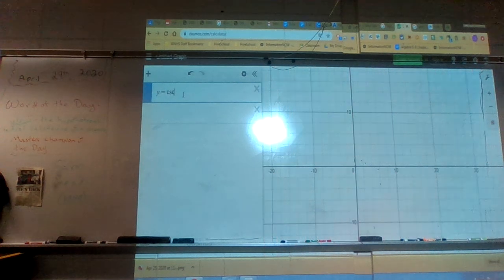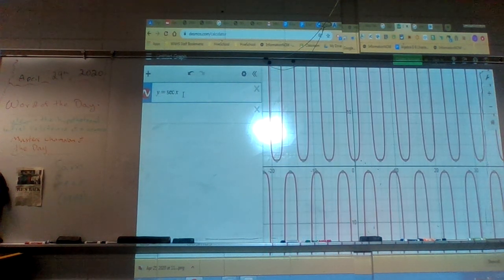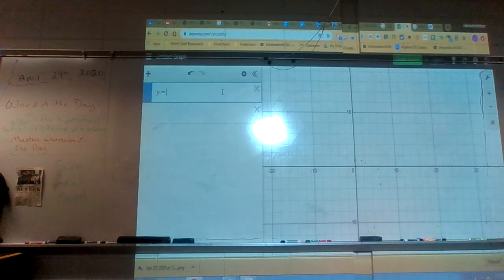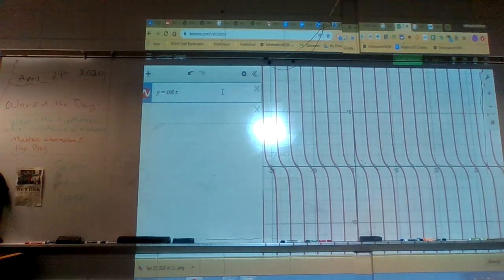Secant's going to look similar, but you're going to have problems at slightly different places. And then the cotangent looks similar to the tangent, but it's shifted a little bit, and the graph is also going in a different direction. Those aren't huge.